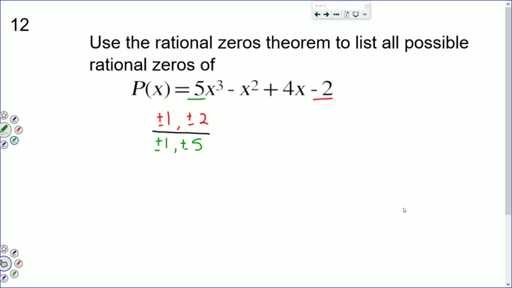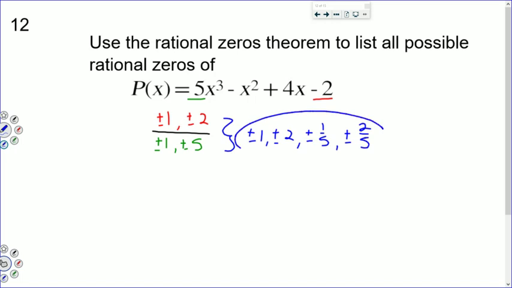So this is going to become 1 over 1, so plus or minus 1, 2 over 1, plus or minus 2, 1 over 5, plus or minus 1/5, and 2 over 5, plus or minus 2/5. So these are all the possible rational zeros using that rational zeros theorem. Okay? Just list all the possible solutions.